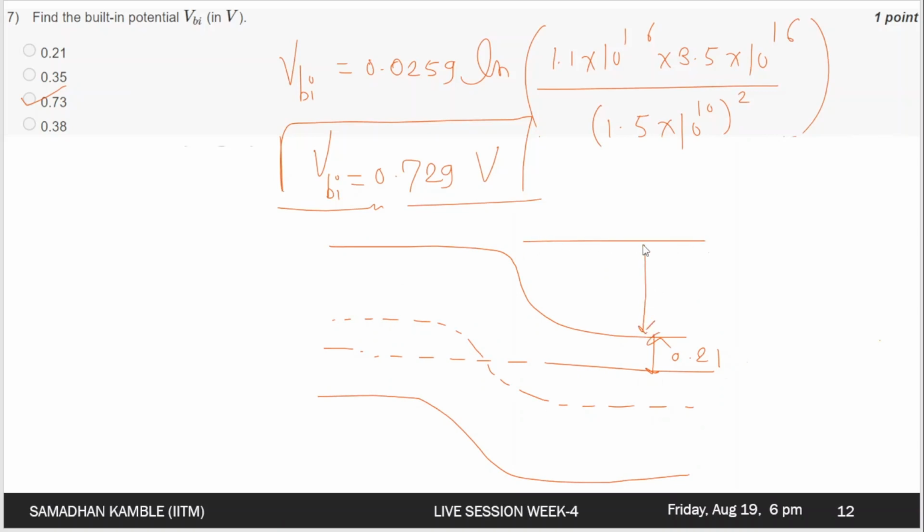We can recall that the built-in potential is the sum of these two differences. So the built-in potential from another strategy is this difference, half of the band gap minus 0.18, that is 0.56 minus 0.18, plus this difference, which is half of the band gap minus 0.21.